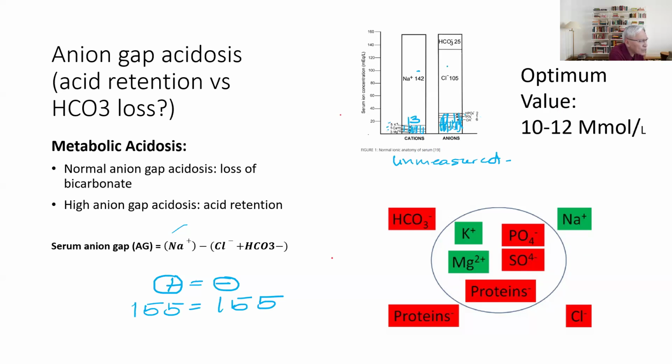So the number over to the left, this is 13 right over here, right? 5 plus 5 plus 3 is 13. How about over here? 6, 7, 9, and this one over here is 16, so 16, 22, 23, 25. So we have 25 of unmeasured anions.